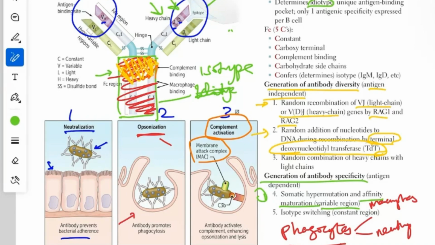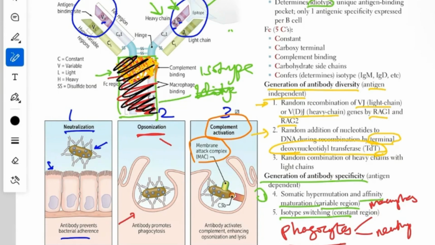And then you have the isotype switching. So what is happening in isotype switching? Initially, before the B cell presented antigen to the T cell, it was producing just immunoglobulin M. So when you say isotype switching, it switches from immunoglobulin M to the others: G, A, E. And how does it do that? It's switching this Fc portion. Remember, we said the Fc part determines the isotype of the immunoglobulin.